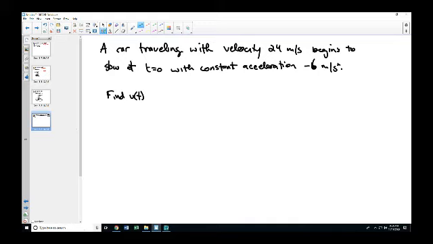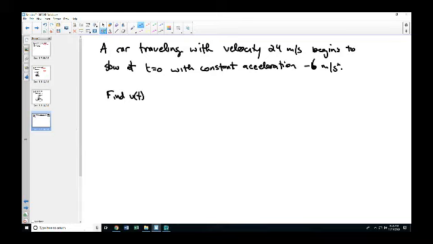The velocity function. So, you have some information here.